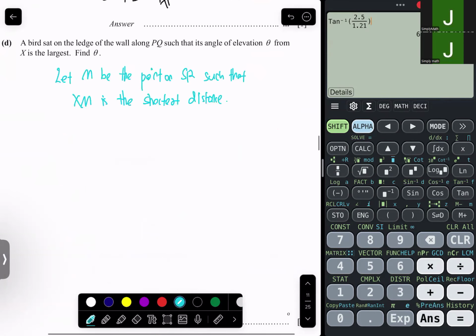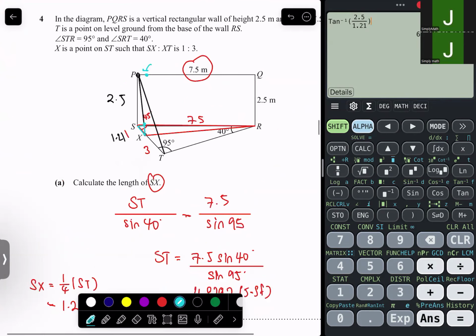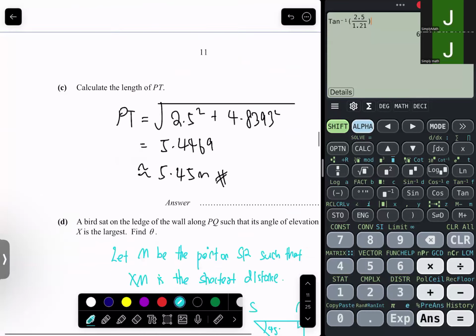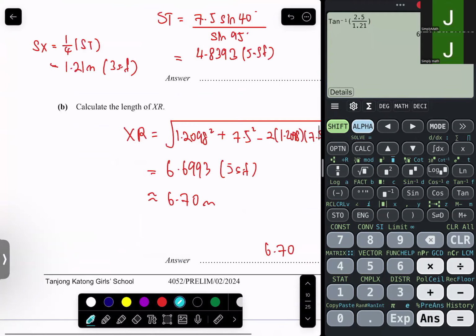So I enlarge that picture a little bit: X, S, M to X. Now I know that this angle is 45 degrees. This is 90 degrees. Which also means that the shortest distance is going to be SX, which is 1.2098. But this being 45 degrees is actually advantageous to tell us that this is actually the same.